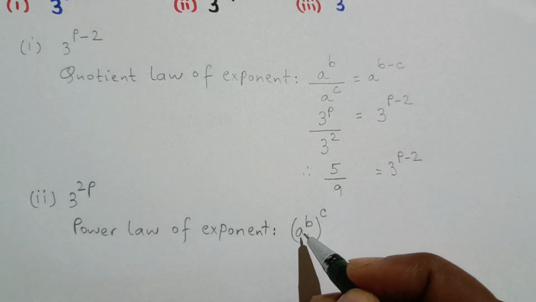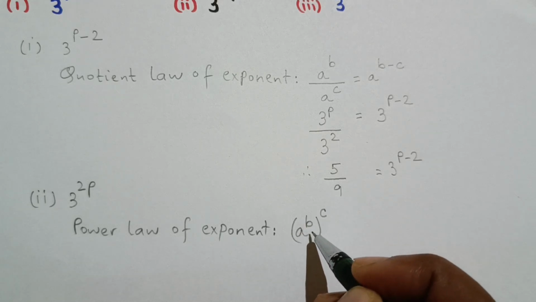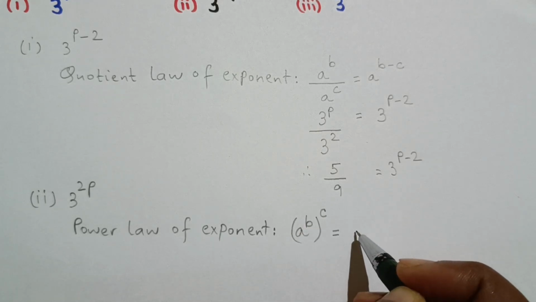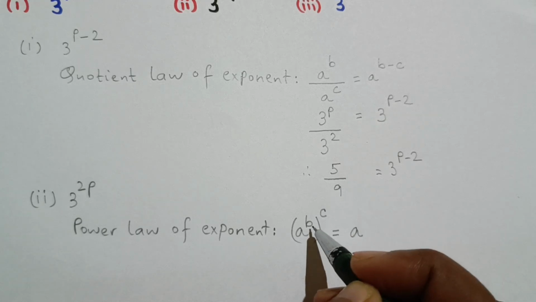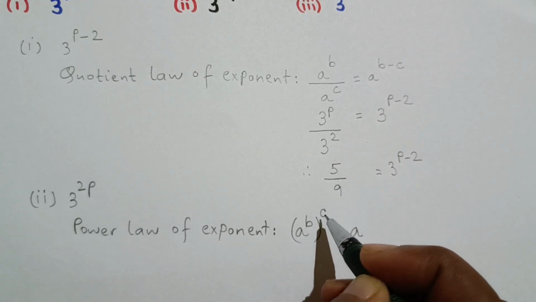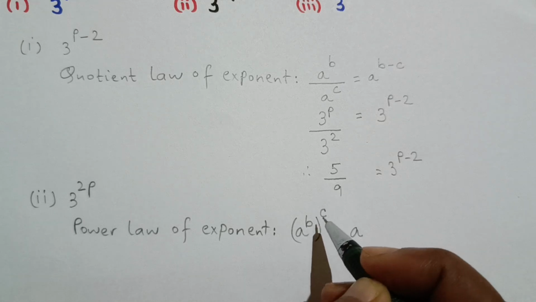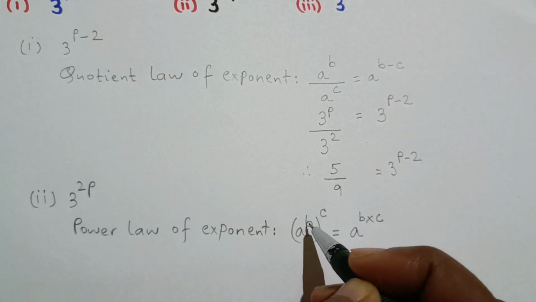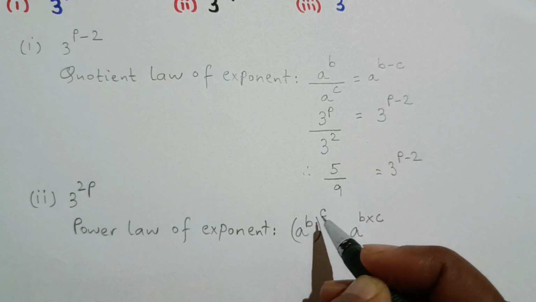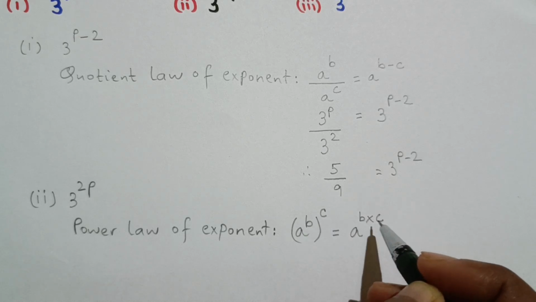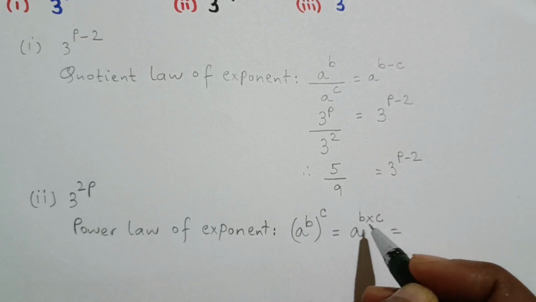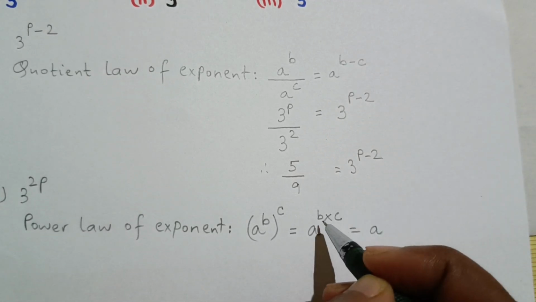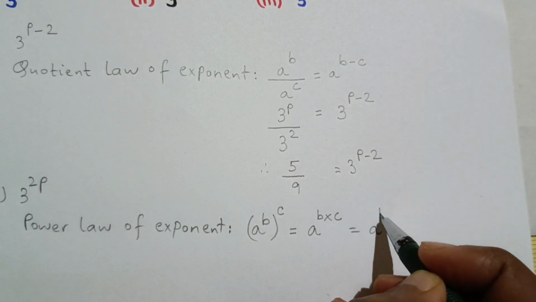That is equal to a to the power b multiplied by c. So these two powers are multiplied, b into c. So a to the power b into c, that is a to the power bc.